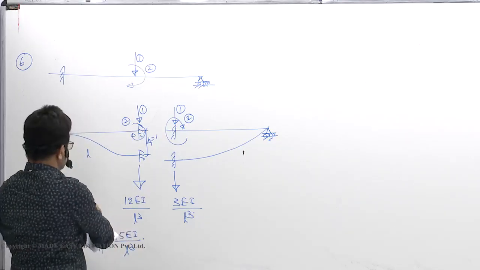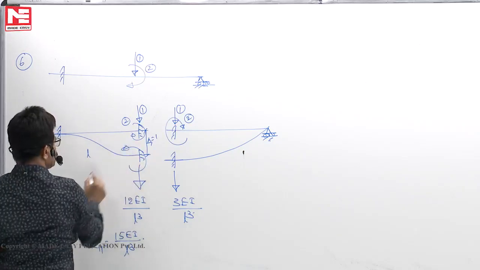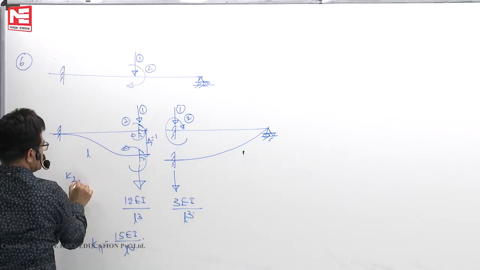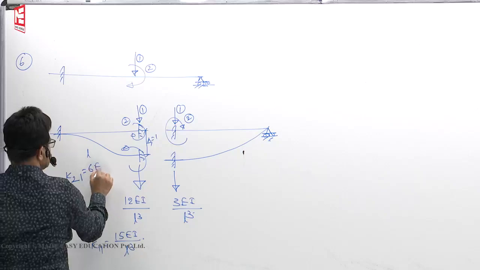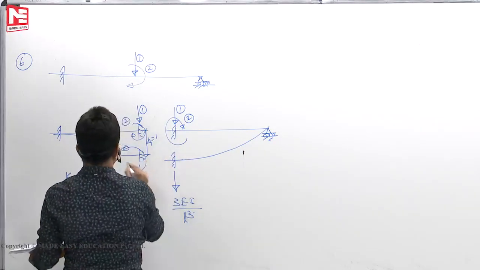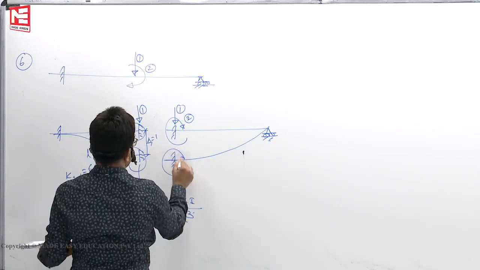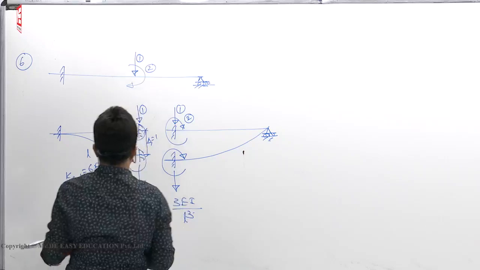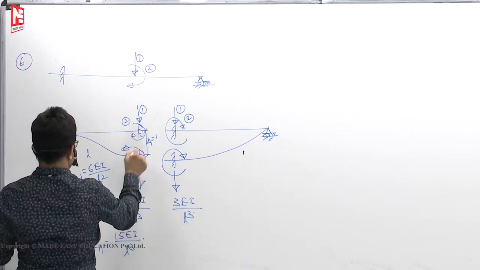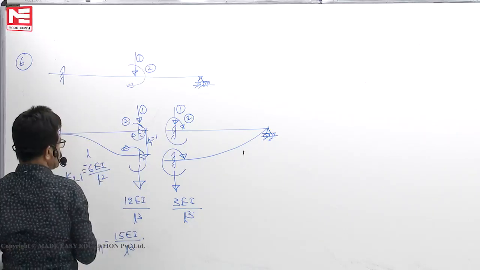Okay. Now, because of this, what is the moment developed when it rotates like this? Force at 2 because of 1 is 6 EI by L square, anti-clockwise. Here, to make the slope 0, clockwise, 3 EI by L square. Coordinate 2 is given clockwise. This is anti-clockwise, so minus.